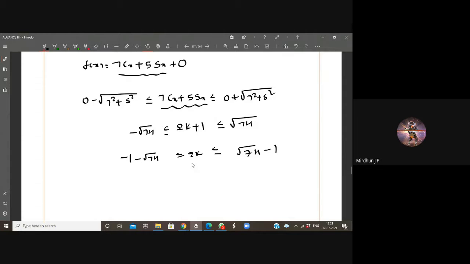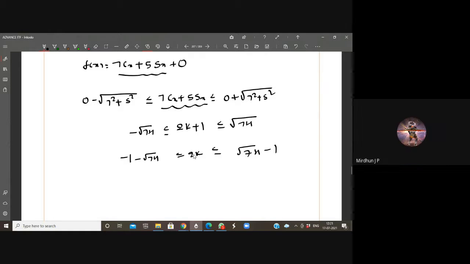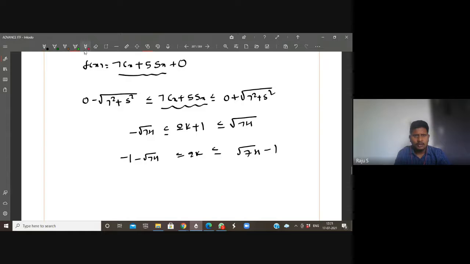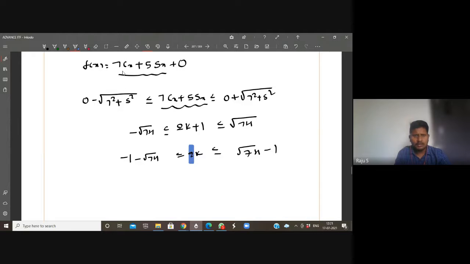We can find the value and substitute now. So what is root 74 approximately? That will come 8.06.